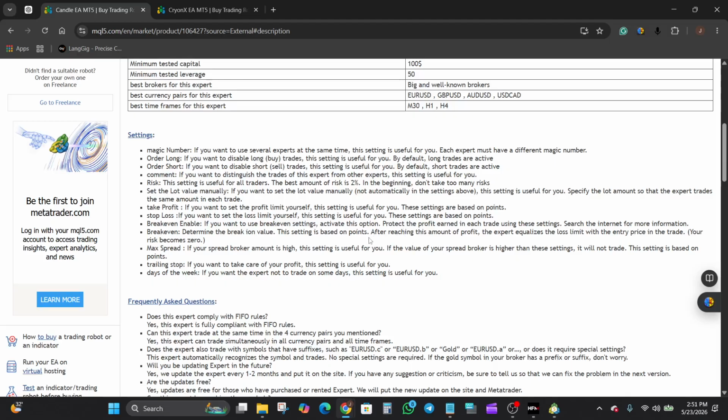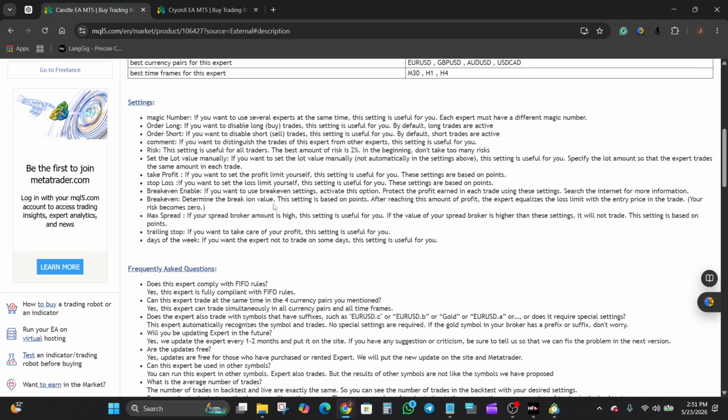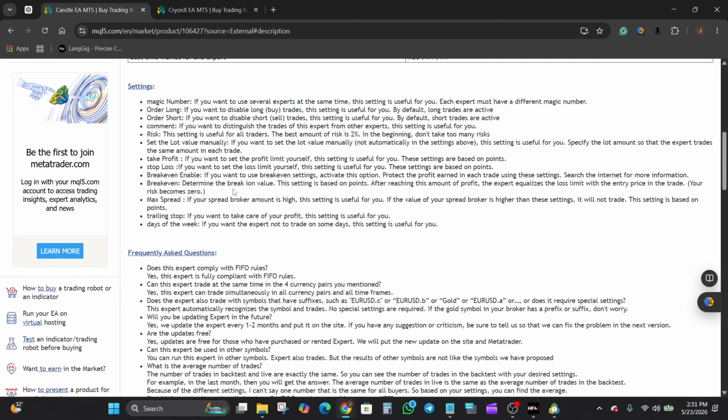Alongside that, we have a take profit and stop loss system, allowing traders to define their own trade boundaries. I also noticed break-even functionality, which moves trades to a risk-free state once a certain level is reached, and a trailing stop feature, which helps protect profits as price continues in a favorable direction.